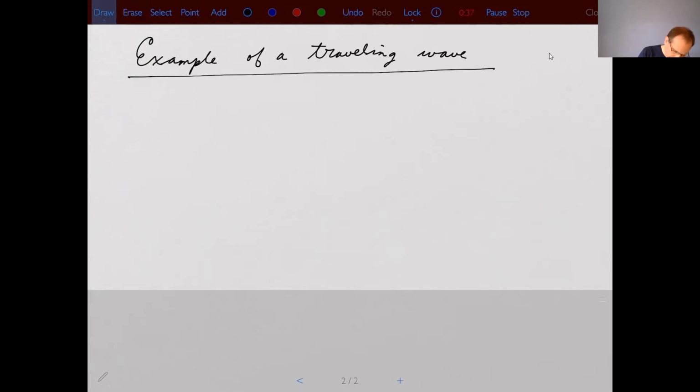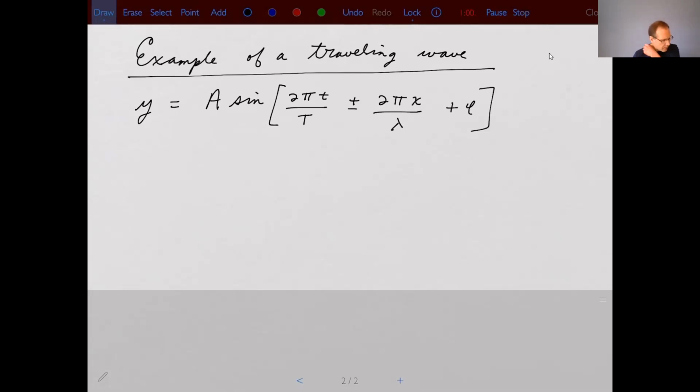So again, here's our mathematical equation, y equals A times sine of 2 pi t over period plus or minus 2 pi x over lambda plus phi. So let's pick some nice easy parameters to plug in so we can actually do this out for a few values.